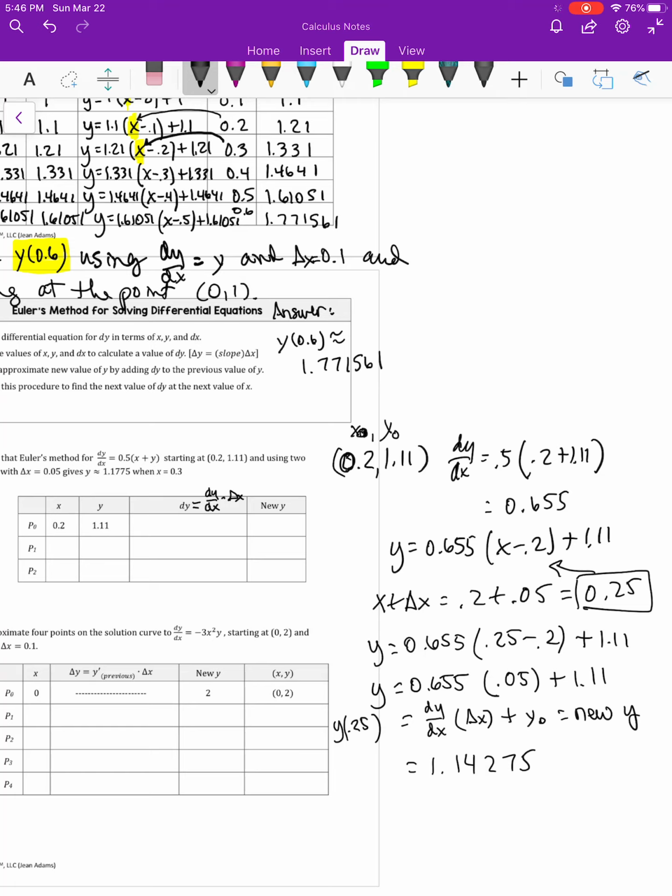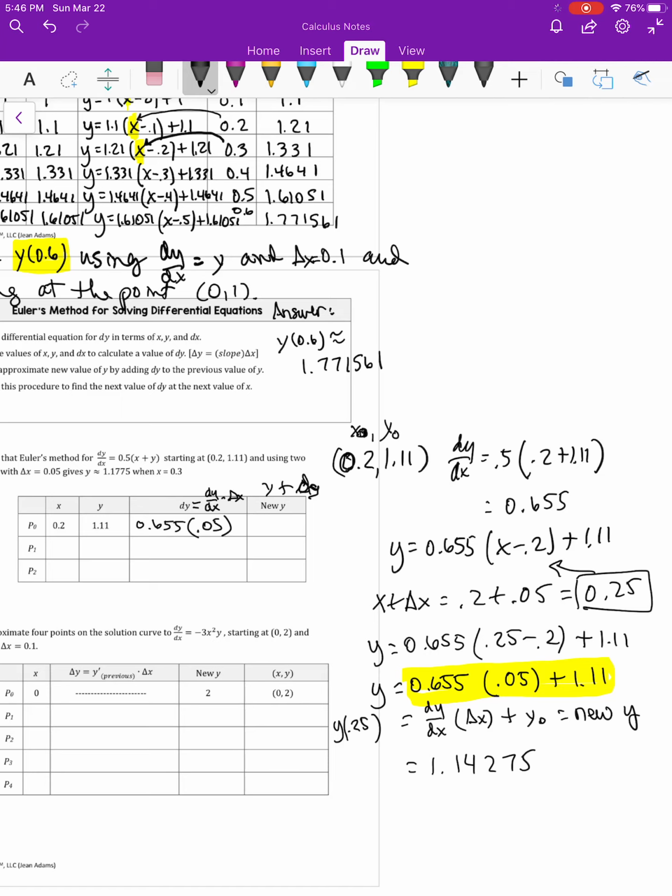So this is our 0.655 times 0.05. And then I add this value, 1.11, plus my dy to get my new y. So it's basically what we're doing right here.